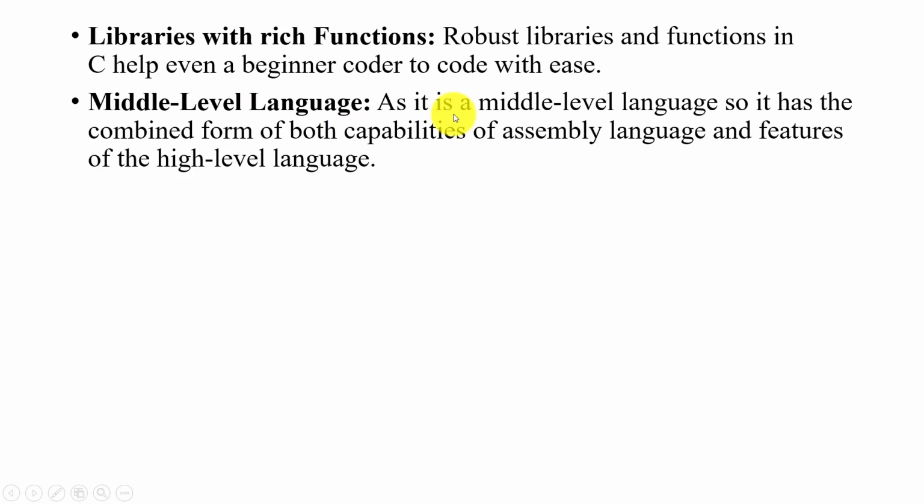It's a middle level language because it combines the capabilities of assembly language, which is nothing but a low level language, and it also supports the features of high level languages like Java. So it has both capabilities: it communicates with the hardware directly, so it supports low level programming, and it's also a fundamental language, as very high level languages are also based on C programming. So C programming is an intermediate or middle level language.